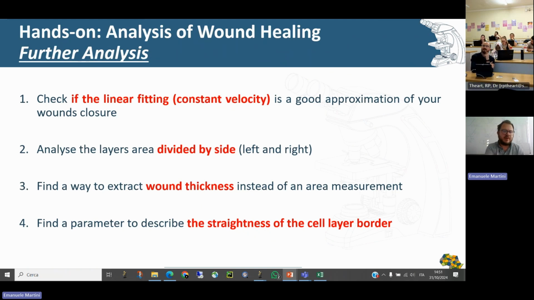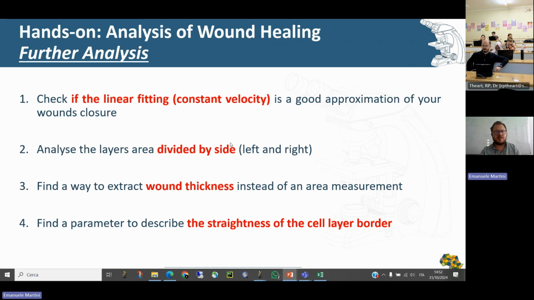So if people want to think about how to make this analysis more complicated, you can check if the linear fitting is good. In our case, it's good, but sometimes it's not so good. Linear fitting means constant velocity. So it means we are assuming there is no acceleration, no stopping, no braking. The cell will always go at the same velocity until they start to touch each other.